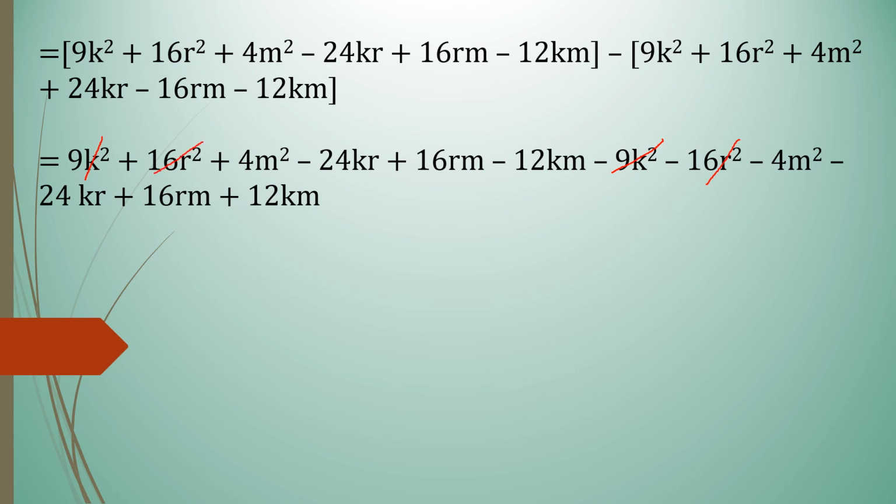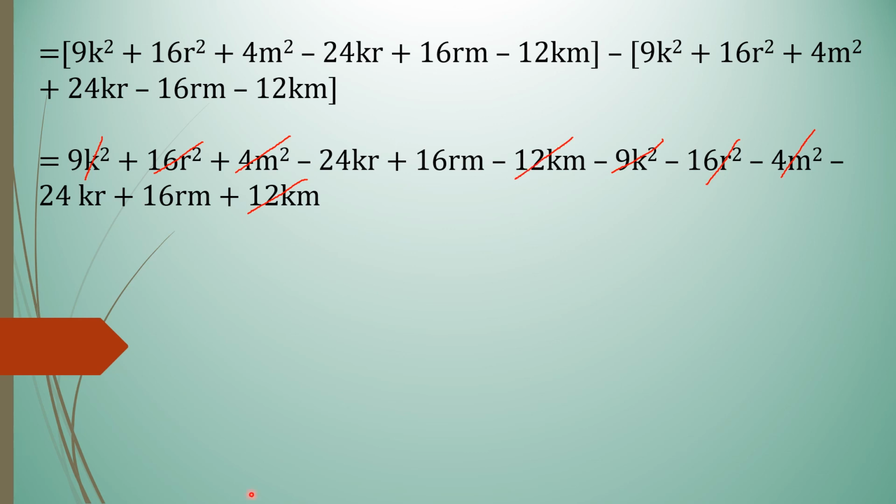Now here plus 4m square and here minus. So opposite sign terms are there, so it will get cancelled, students. Now minus 24kr and here what we have, minus 24kr. So it will not get cancelled. Now plus 16rm, here also plus, same sign, it will not get cancelled. Now here minus 12km and here it is plus 12km. So this term will also get cancelled, students. I hope you are getting it.